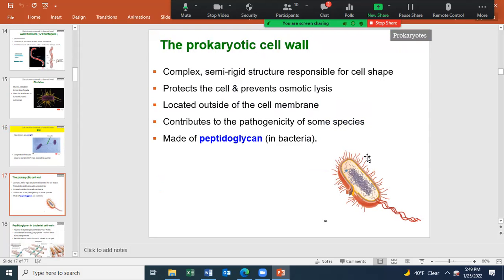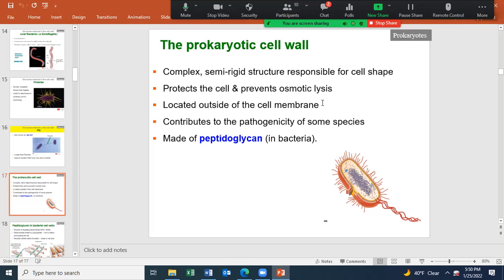It protects the cell and prevents osmotic lysis, so that if a bacteria were to fall into a beaker of water, for example, as long as it has an intact cell wall, water would move into the cell only up to the point where the cell membrane reaches the cell wall. And then the cell membrane can't expand any further because the cell wall is protecting the cell.